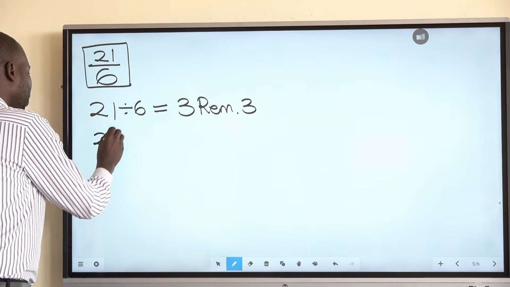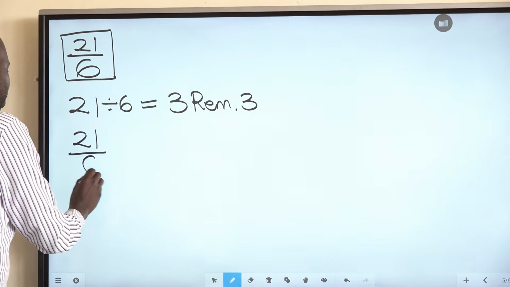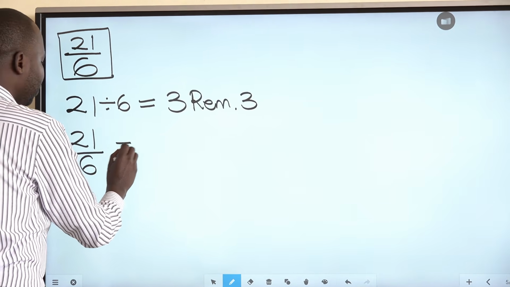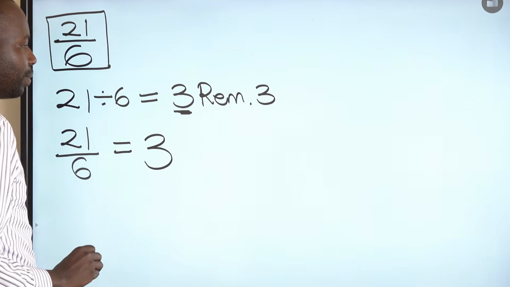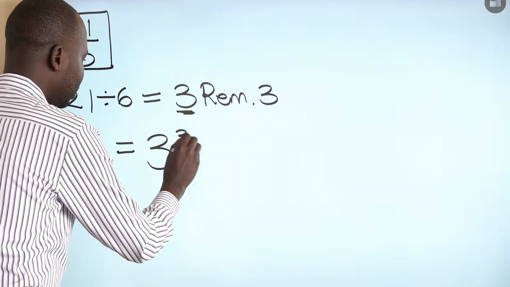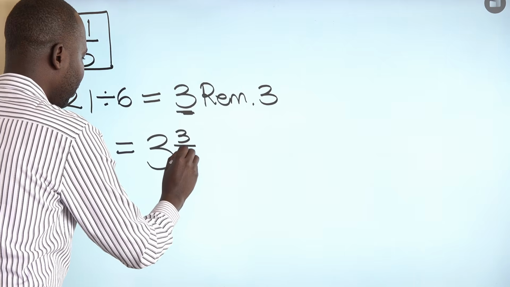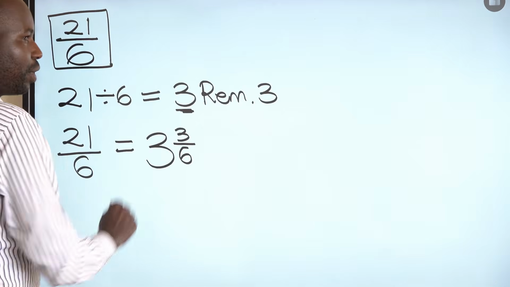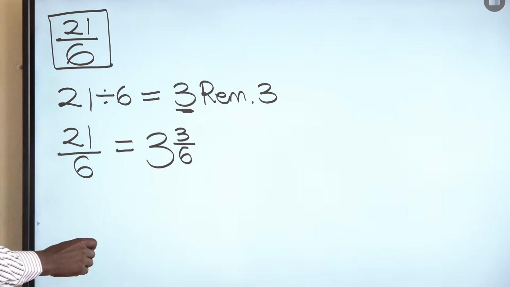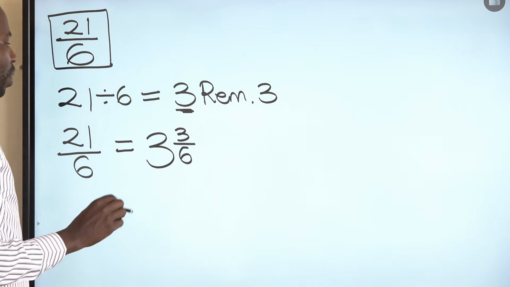So you go back to your original number, 21 out of 6, giving you the answer which you have got here as 3 whole number, and the remainder is 3 out of 6. But still, this one can be reduced further, and is something that a child in P5 should learn.